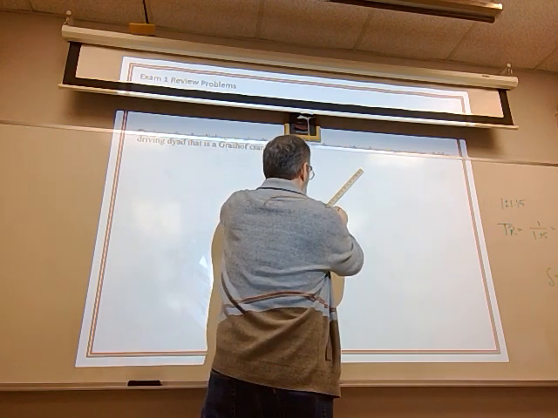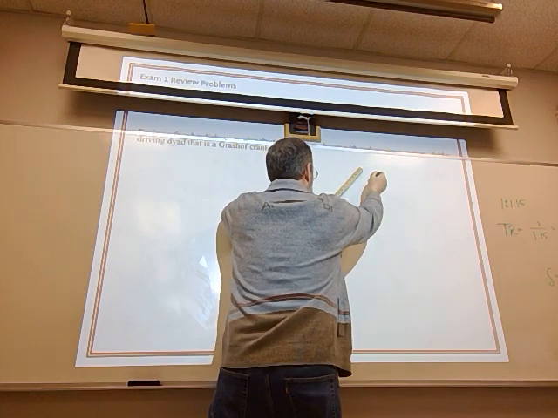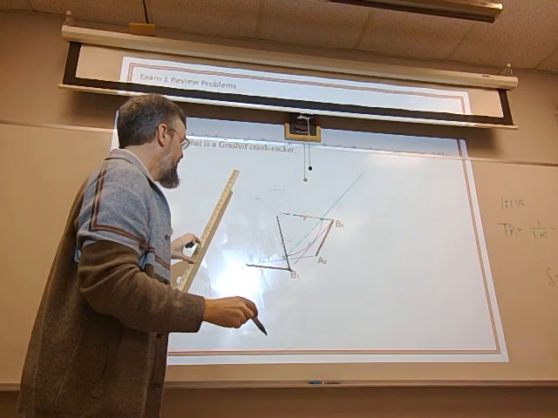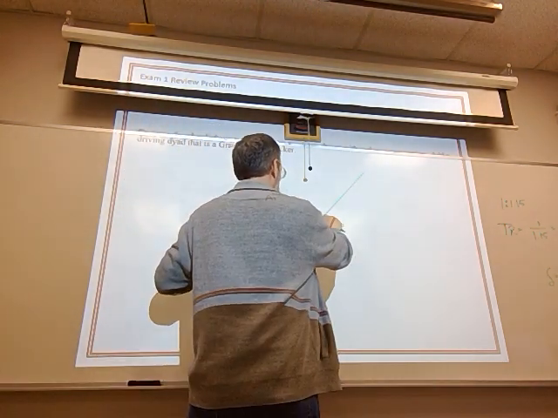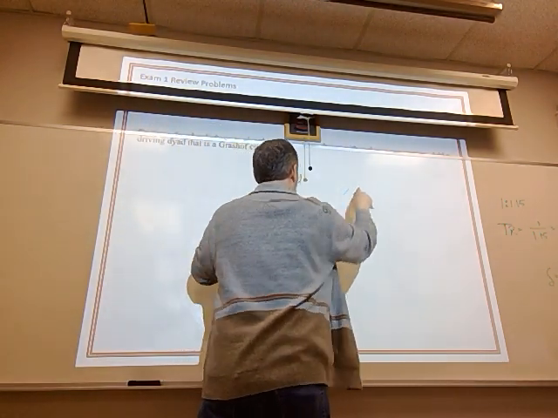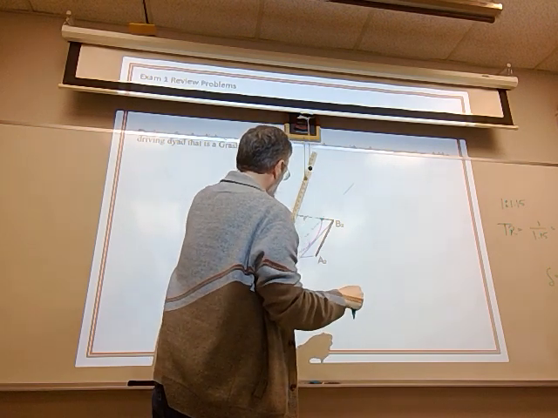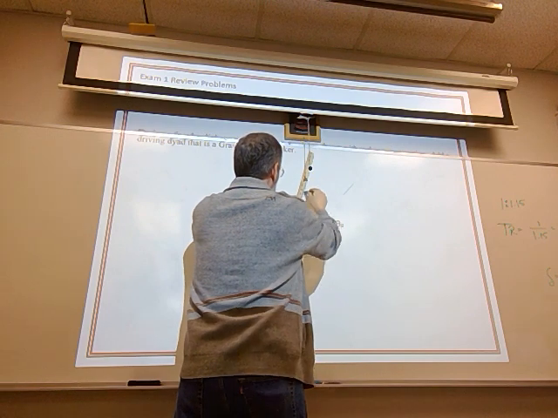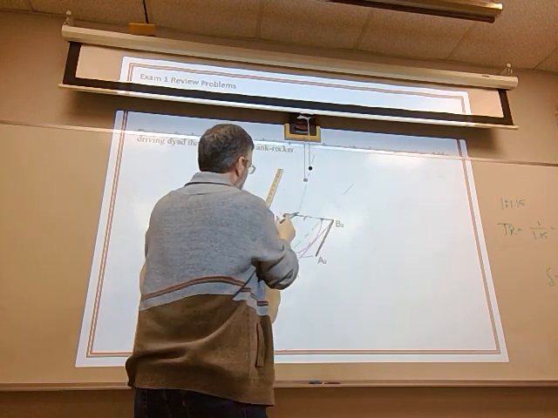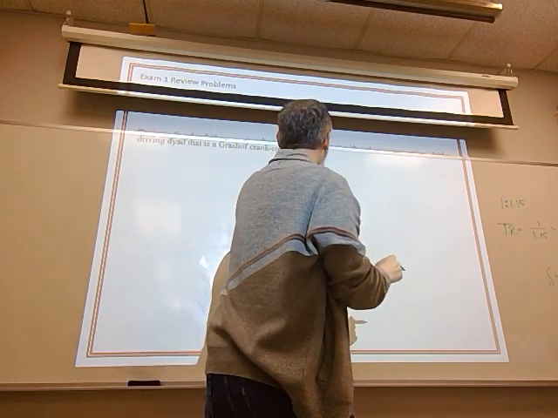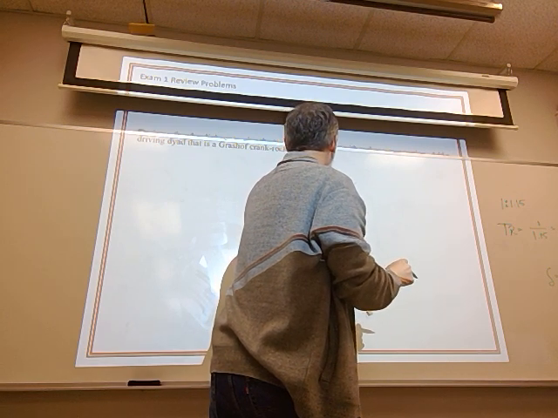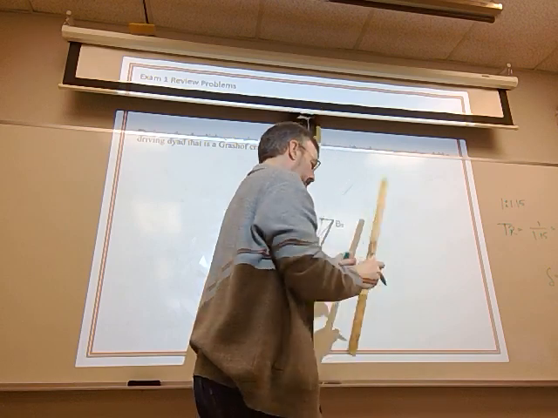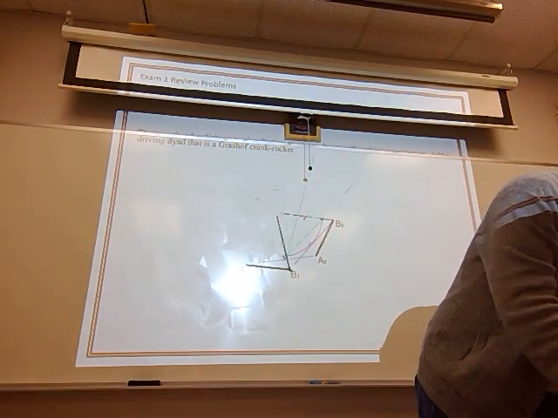So let me experiment and see if I could make it so it's... no, that's not going to work. I'm going to go ahead and pick right here because it's kind of tough to do this. But I think it's easier to do it on a page. And now I can start to try to pick somewhere along here where I'm going to get that line.